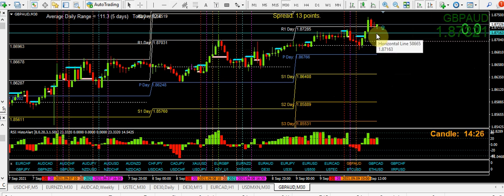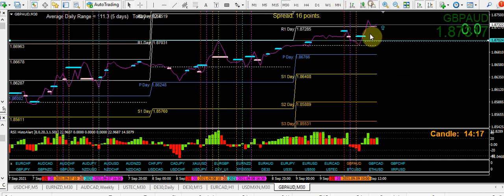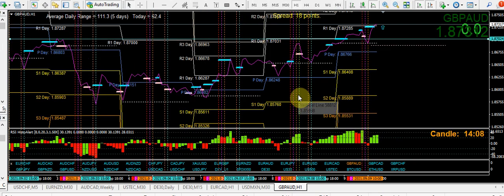So if we bring that line down to that level there, and then we drop to the H1, we'll probably find that is still a line chart high there. H1, no, this one's perfect. So let me zoom in.